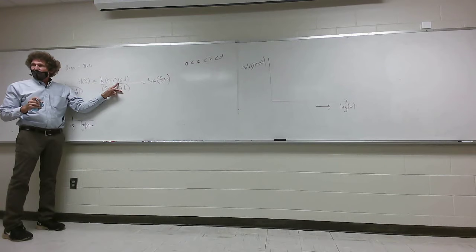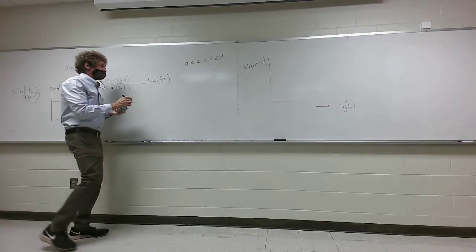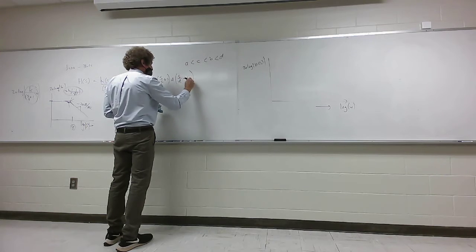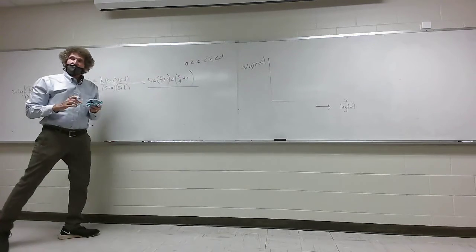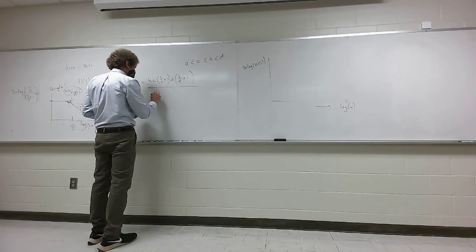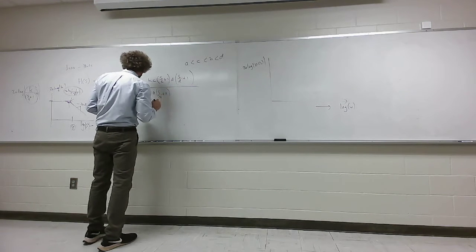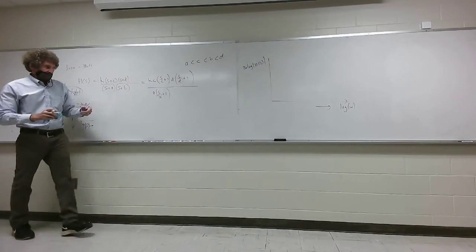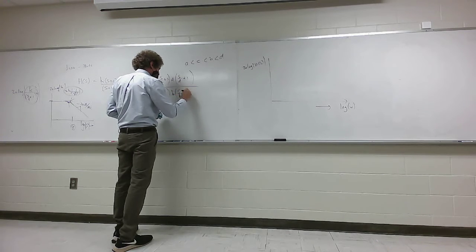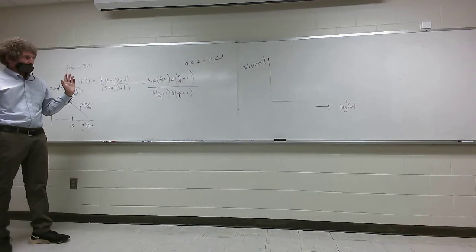Y'all follow me? Right here, that's the first part. I'm going to slow down and try to make absolutely sure you see what I'm doing. Now I'm going to take a D out of this one. So I take D here, and then I have S over D plus 1 here. Then I divide downstairs, and I take an A out of here. I take a B out of this one. And now what I'm going to do, that's still the transfer function, I'm going to group all the constants.